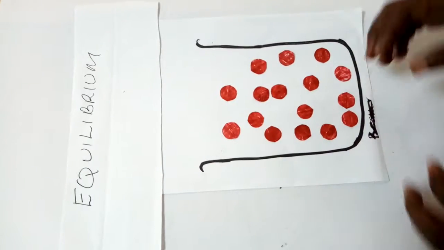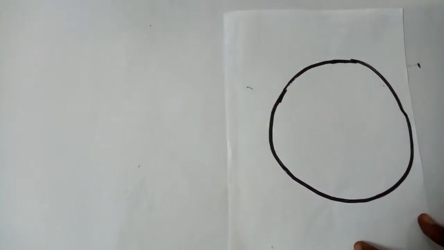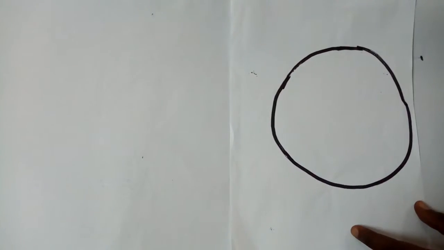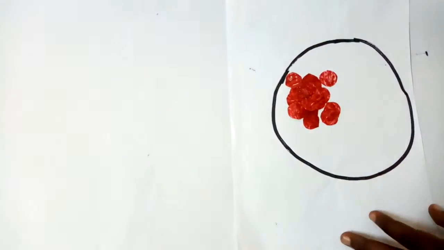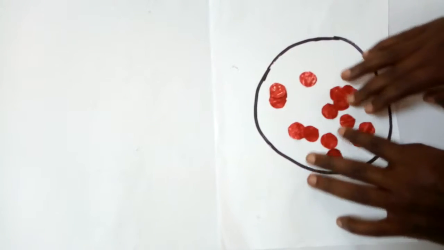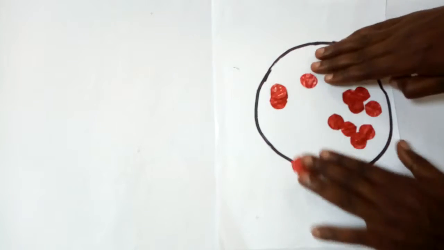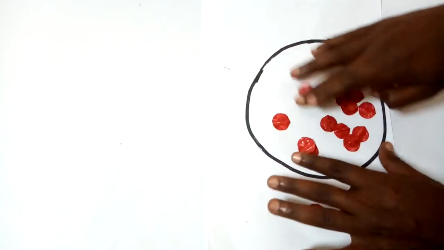We can equate this in animals by taking an example of an animal cell. If we consider an animal cell, we are going to use the same particles in our experiment. Animal cells will have particles in higher concentration inside than those found outside.